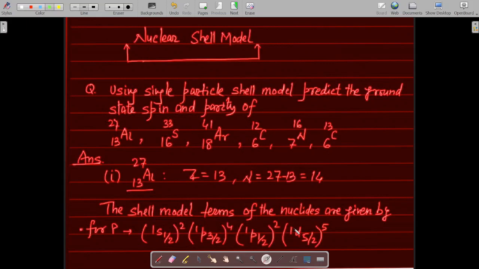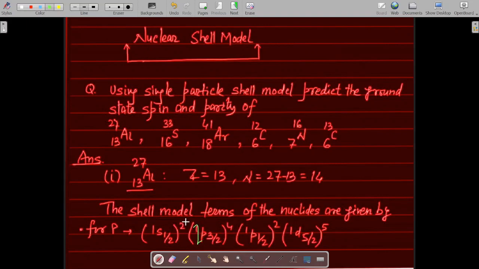Now the thing is that if we write according to the other convention, then the coefficients will become 2 over here, 2 over here, and 3 over here. Why? Because in that other convention the shell number is taken. So this is the first shell, so it will be called 2, and this is the other shell, so it will be written as 2.